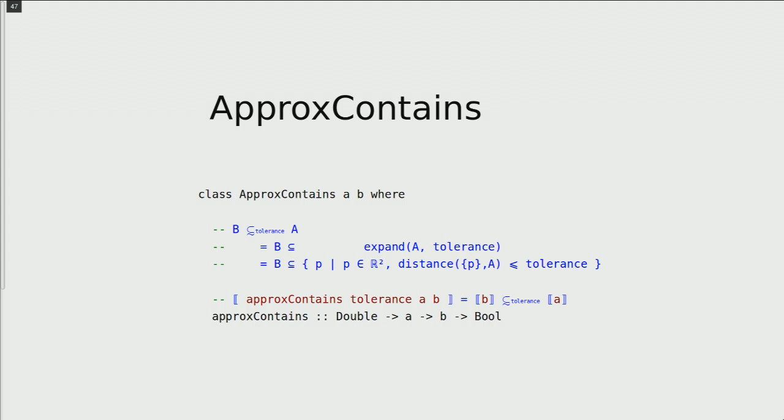By that, I mean this second part here, where we're taking all of the points in R2, that's just all the points, and we're saying, of those, look at the ones where the distance between that point and the set A is within or equal to the tolerance distance. So we're just adding a little bit of space around it.